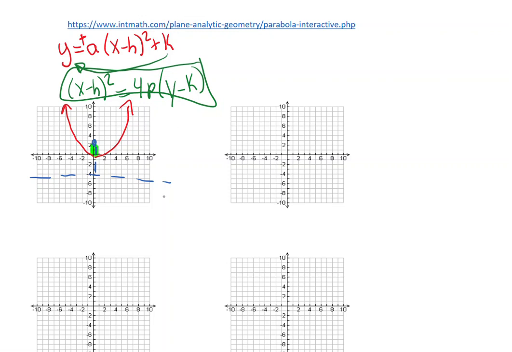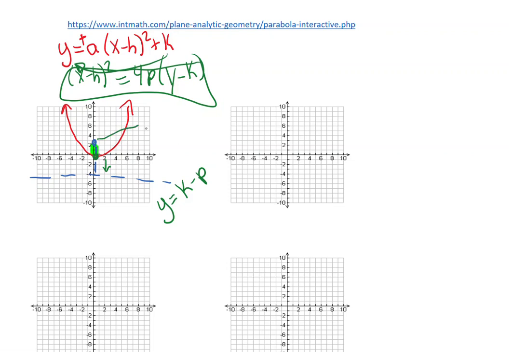The directrix, as you'll notice in this case, is a horizontal line, so that is y equals k minus p, because if we look at that vertex, that y value, I'm going down, so I'm going to subtract that value of p. And the focus right here can be calculated by doing h, because that's how far we're moving left and right, but again, that height is different, so it's k plus p.